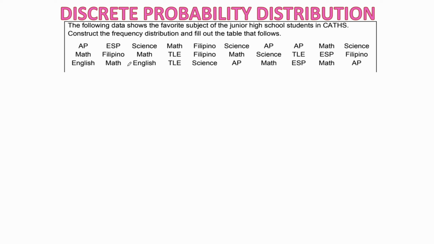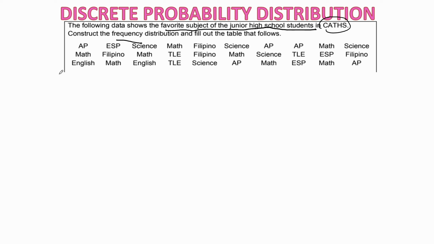Discrete probability distribution, no? Paano ba ginagawa ito? So, let's say for example, you have given data. Dito sa example nga natin, marami siyang subject na binigay, di ba? Tapos, ang sinabi sa problem, ito daw yung mga favorite subject ng junior high school sa CAT-HS or Central Azucarera de Tarlac High School. Sabi niya, construct the frequency distribution and fill out the table that follows.